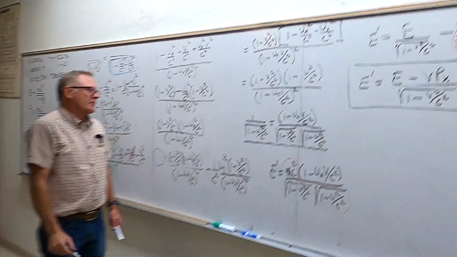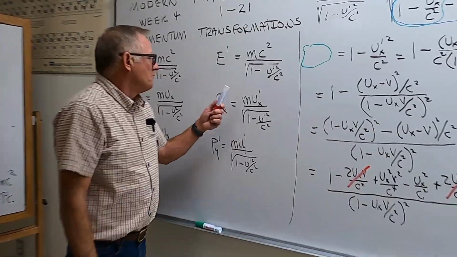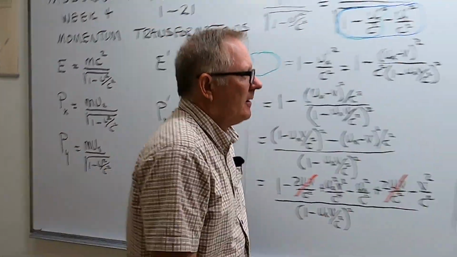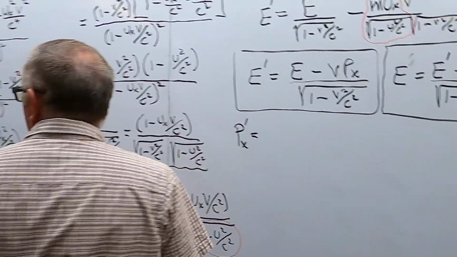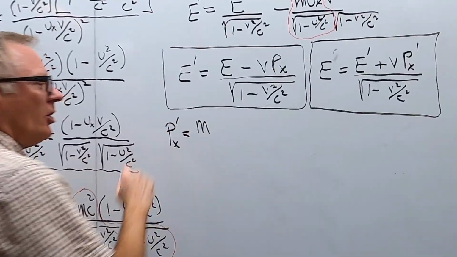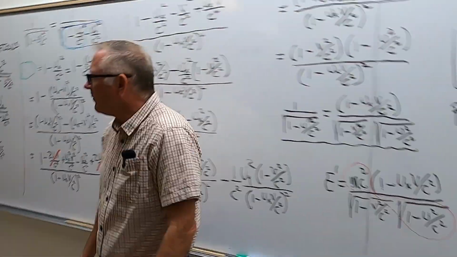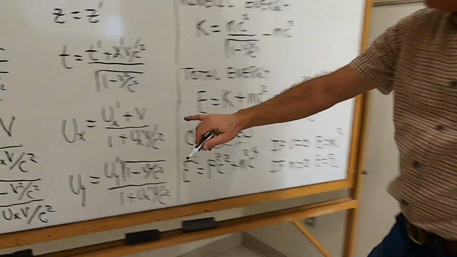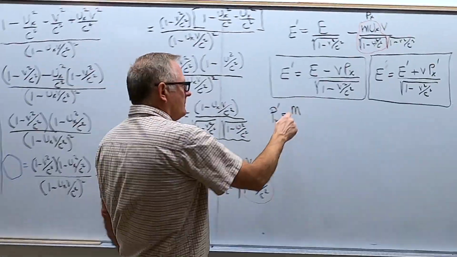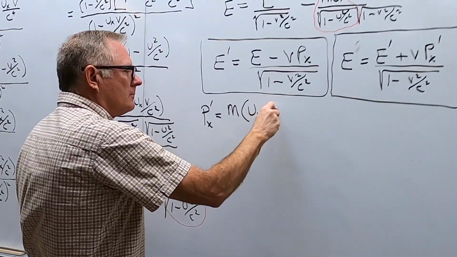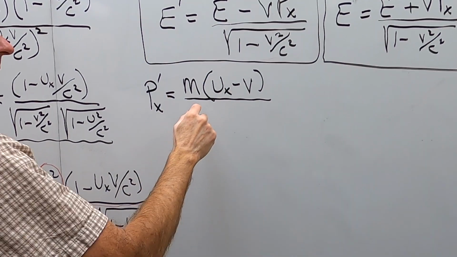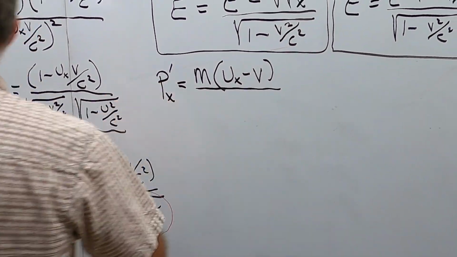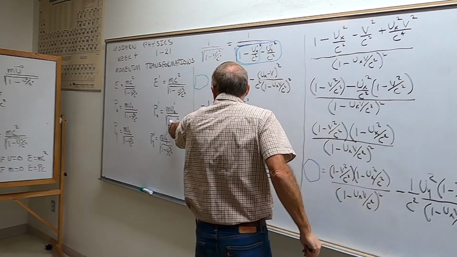Well, let's look at the transformation for px prime right here. px prime is equal to m ux prime. Well, what was ux prime? Ux prime is right here: ux minus v all over 1 minus ux v over c squared.